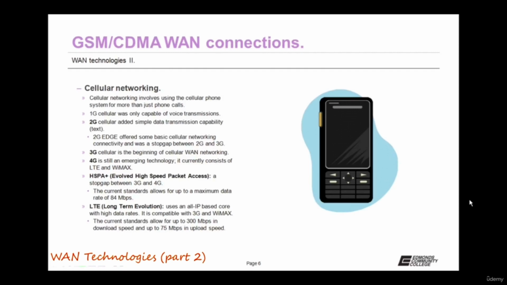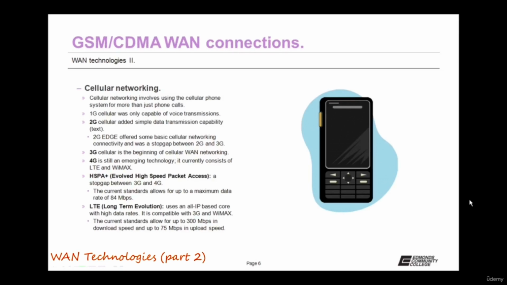3G cellular is the beginning of cellular WAN networking. It's giving way to 4G cellular, which is still an emerging technology. 4G currently consists of both LTE and WiMAX. As a special mention, we need to talk about Evolved High-Speed Packet Access, which is HSPA+.